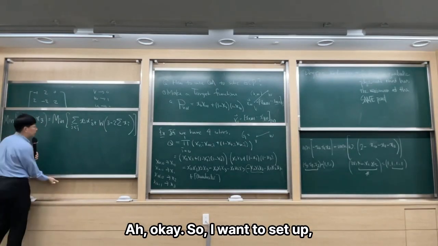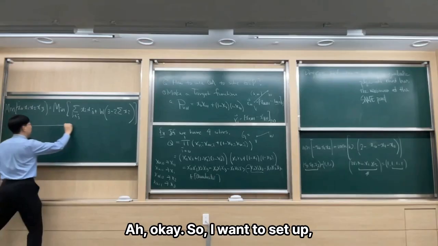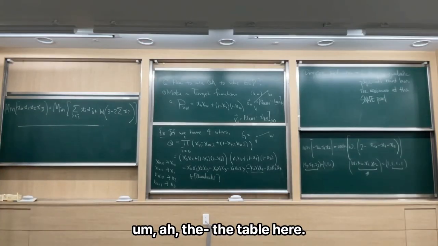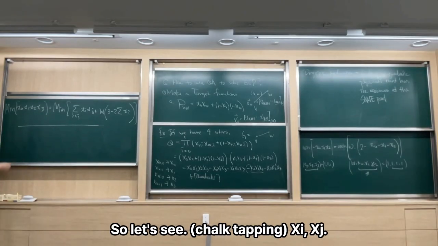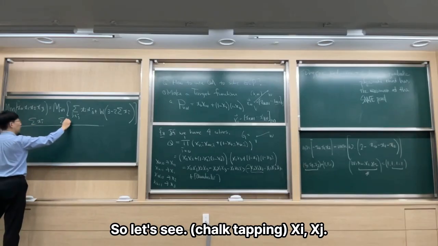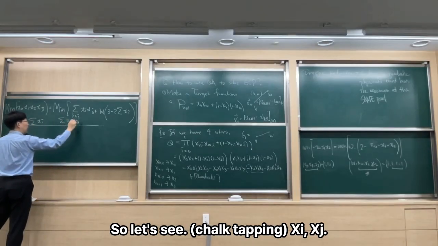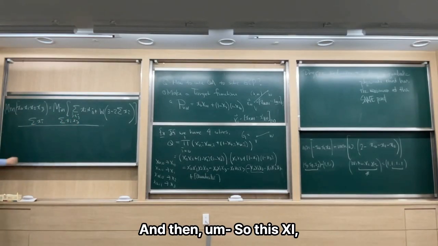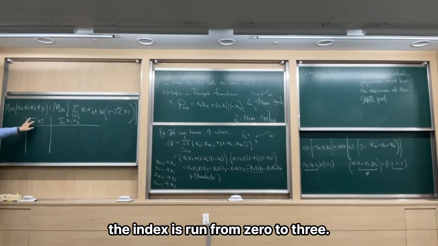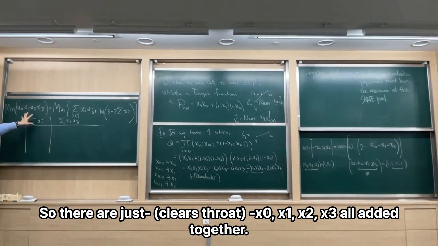Okay, so I want to set up the table here. So let's see. xi, xj, and then this xi, the index runs from 0 to 3, so there are just x0, x1, x2, x3, all added up together.